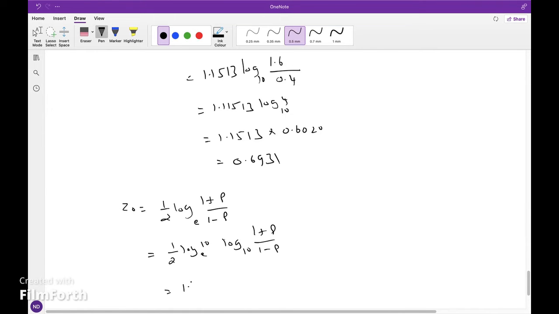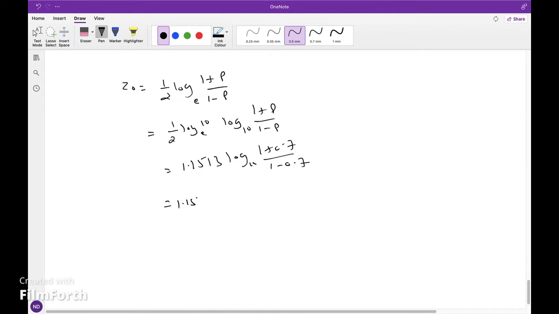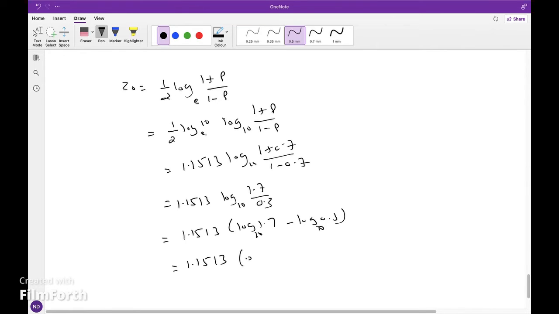So this value is 1.1513 into log base 10 of (1 plus 0.7)/(1 minus 0.7), that is 1.1513 into log base 10 of 1.7/0.3, that is 1.1513 into (log 1.7 minus log 0.3) base 10, that is 1.1513 into (0.2304 plus 0.5229), that is equal to 0.8673.